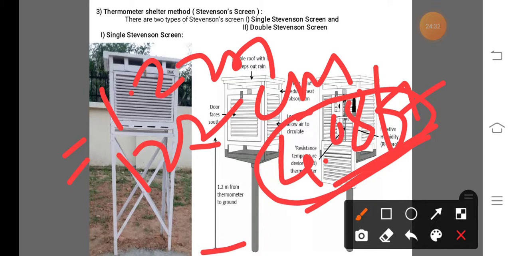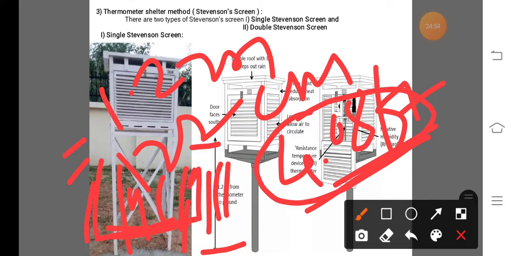This height is kept to reduce the effect of heat energy released from the ground surface or earth surface. That means if this single Stevenson's screen is near the earth surface at night time, when hot air is released from the soil, this hot air affects the different thermometers present in the single Stevenson screen, and accurate measurement of temperature cannot be received.